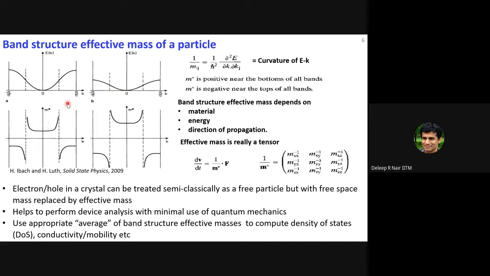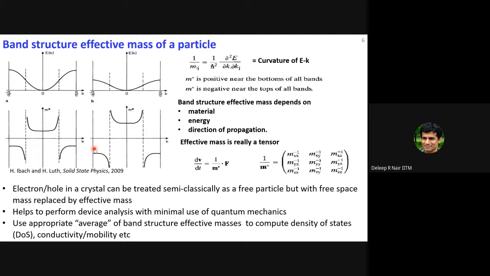Although this density of states effective mass is a function of the band structure effective mass, you cannot apply a single density of states effective mass for all the materials. Similarly, if you want to calculate the conductivity or mobility, there also you have to put in some effective mass.